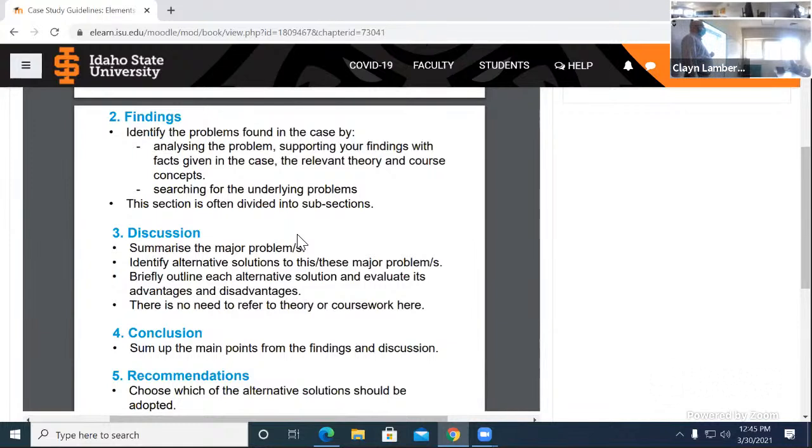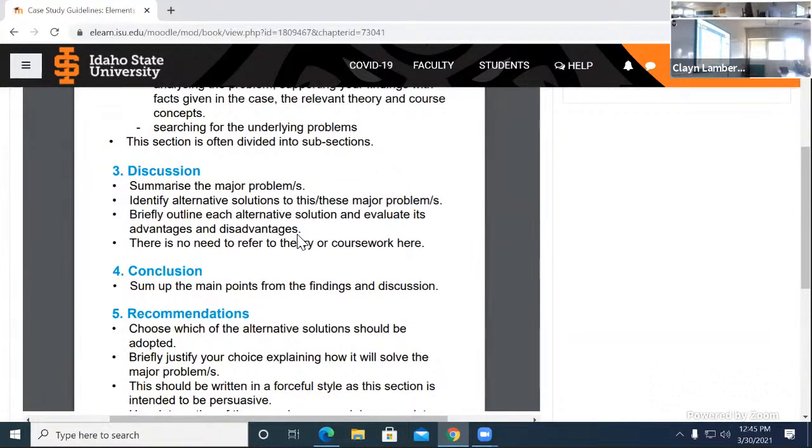So I'm going to give a brief summary of the findings or the problems in the case. Number 3. What do you think I'm going to do in this case?